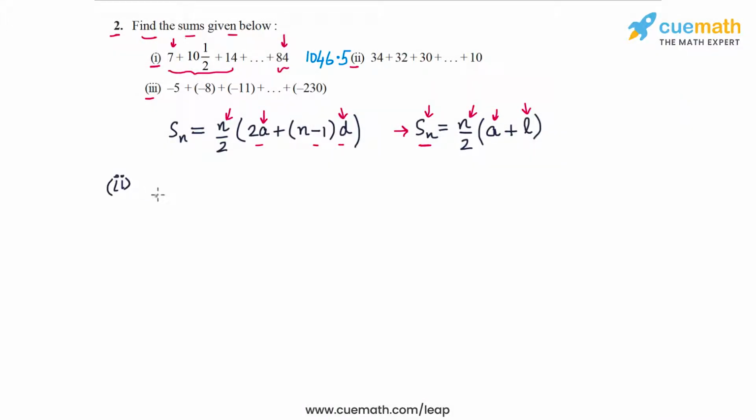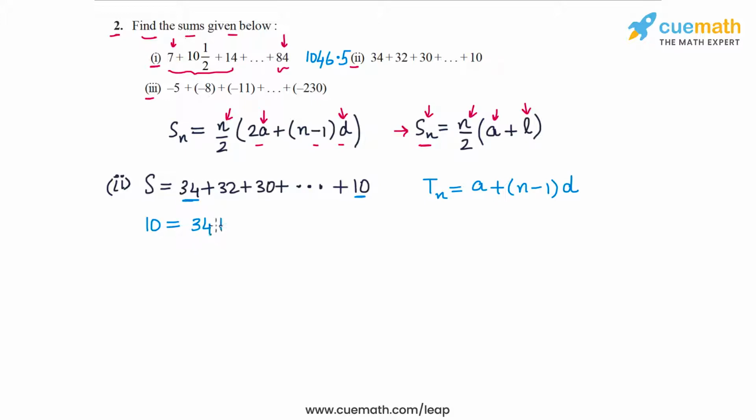Now let's do part 2. In part 2, the sum is 34 plus 32 plus 30, and this goes up to the term 10. Once again, we'll first find the number of terms in this progression, making use of the relation Tn is equal to a plus n minus 1 times d, where Tn is this last term, 10. So we write 10 is equal to a, the first term 34, plus n minus 1 times d.